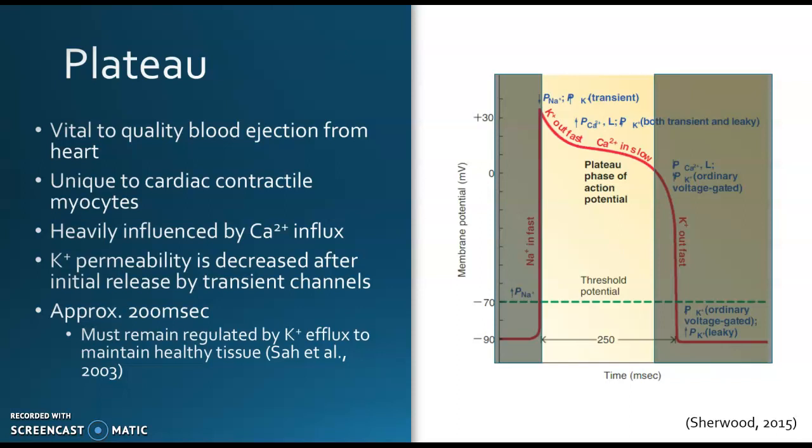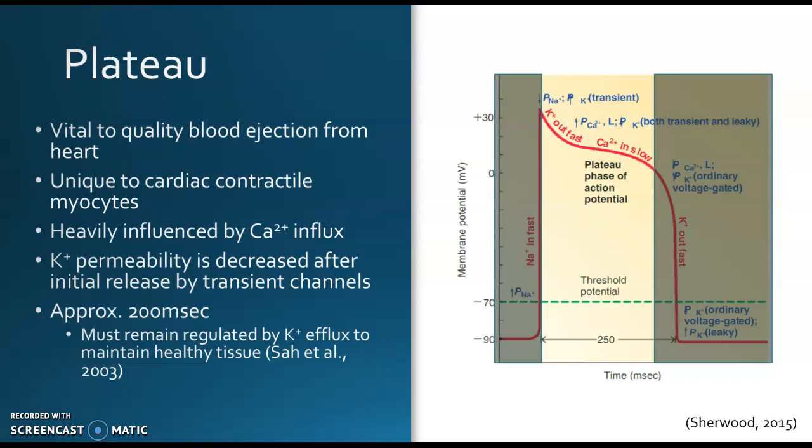So the plateau is unique to those cardiac cells because they're the only cells that have to do this and have to have that sustained action potential, that sustained phase of action potential, so that it can be a little bit longer of an action potential and allow for sustained contraction for the blood to be pumped without too much fatigue.